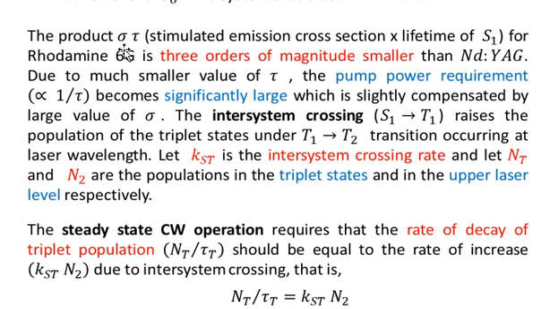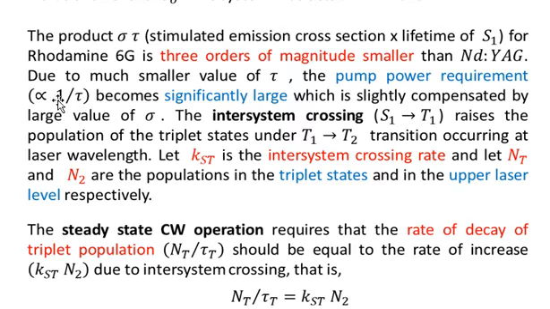The product sigma tau, that is the product of the stimulated emission cross section multiplied by the lifetime of the S1 state, for rhodamine 6G is 3 orders of magnitude smaller than that of the Nd:YAG laser. But due to the much smaller value of tau, the pump power requirement, which is proportional to 1 over tau, becomes larger since tau is smaller.